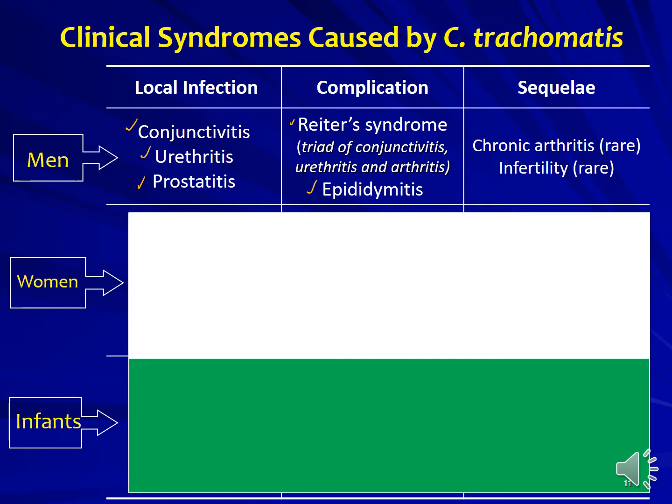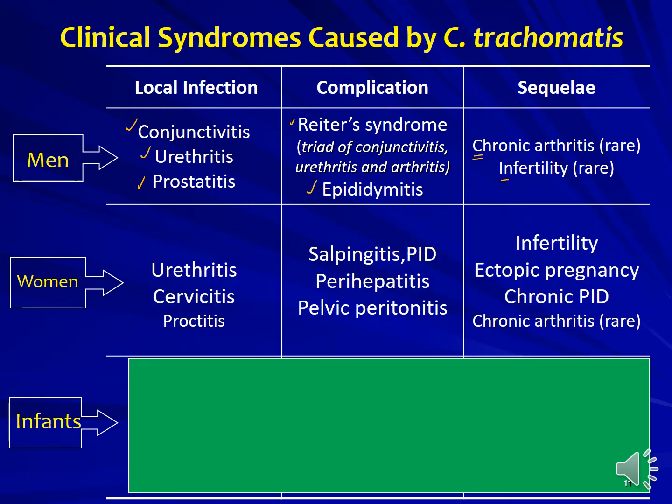The most important sequelae or complication is chronic arthritis, a bit rare, and also infertility, a bit rare in the case of males. In women, they produce urethritis, cervicitis, and sometimes proctitis is also possible.